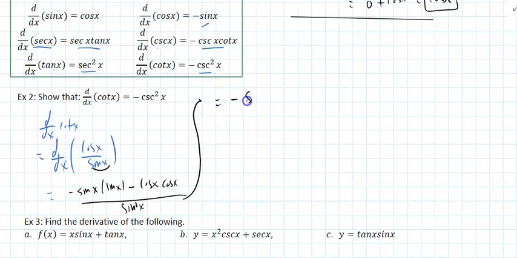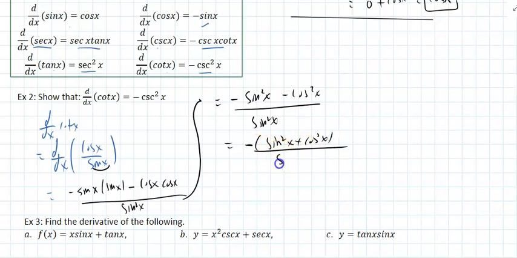That's going to equal negative sine squared of x minus cosine squared of x over sine squared of x. If you factor a negative out, you'll get sine squared of x plus cosine squared of x over sine squared of x.